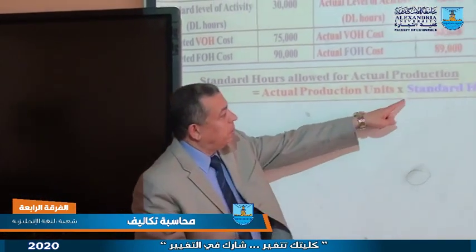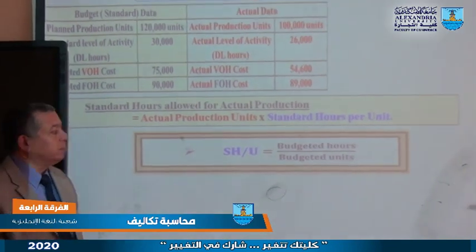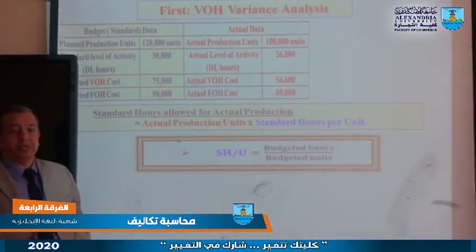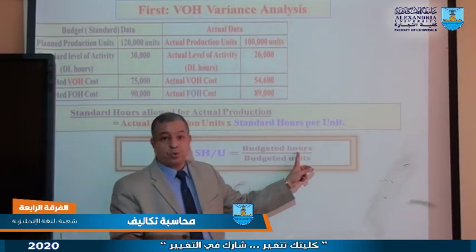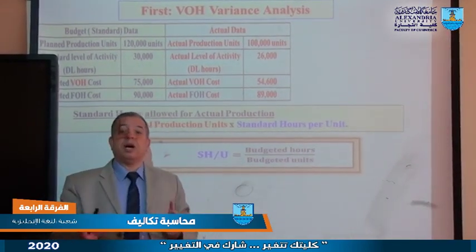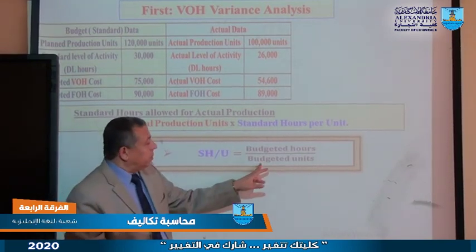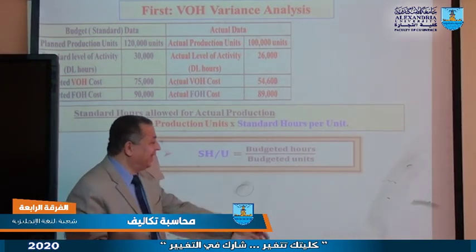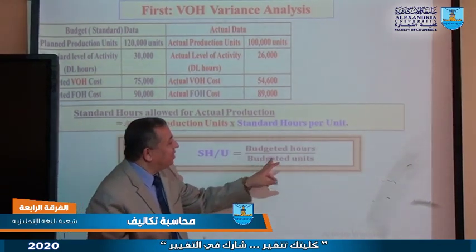How can you calculate standard per unit? This is my equation. Standard hours per unit will equal budgeted hours, I mean the hours according to the budget, divided by budgeted units.